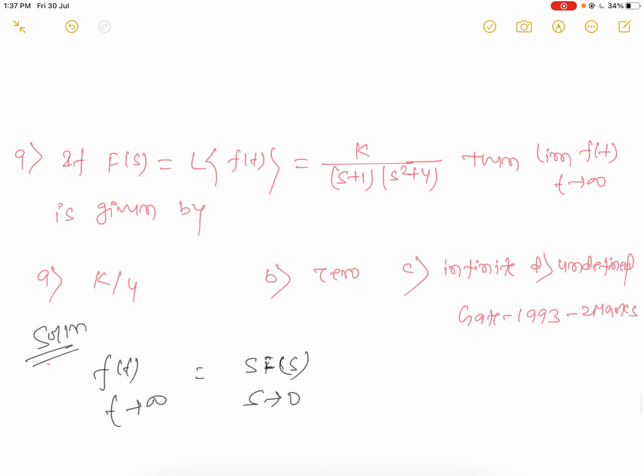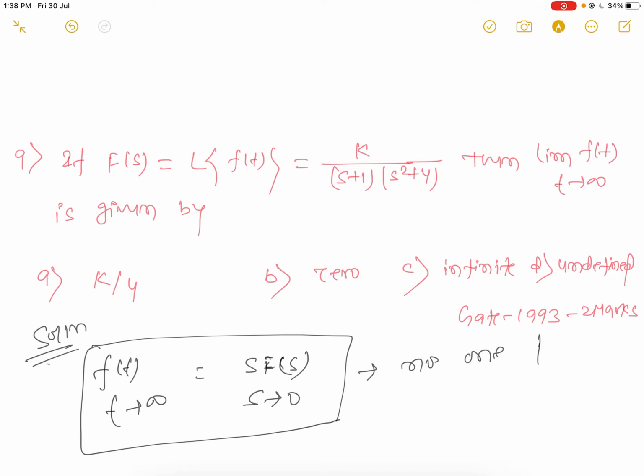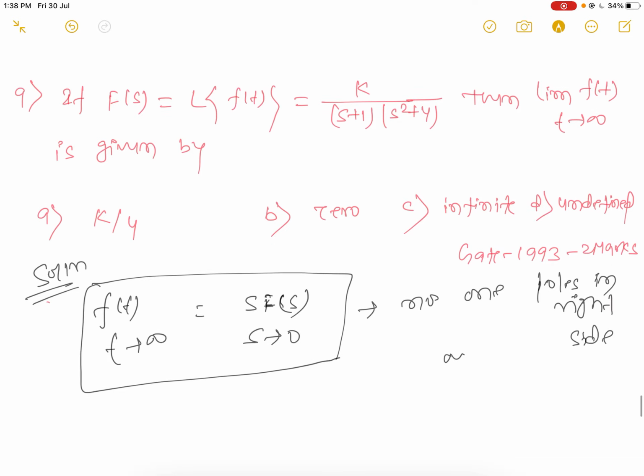But one condition: this is satisfied only when there are no poles on the right side or complex poles on the imaginary axis.